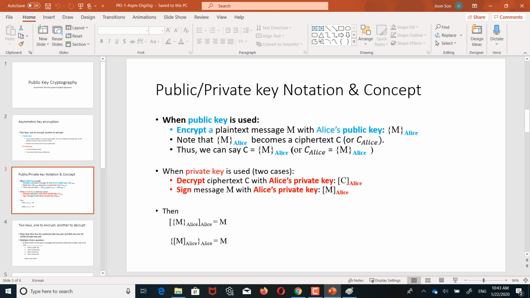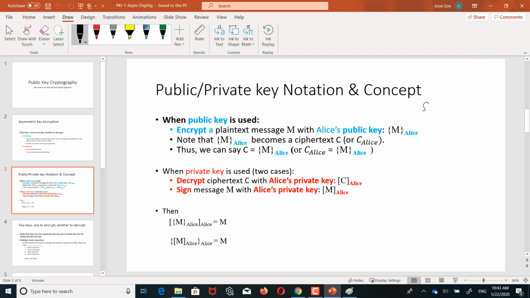Note that whenever you use this curly bracket, you then have to say whether it's Alice or Bob. Whenever you use this curly bracket, that means the public key is used.